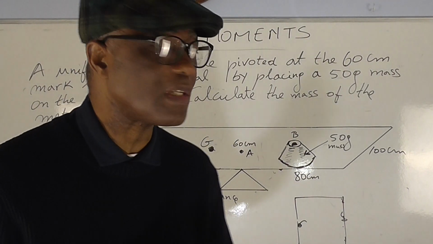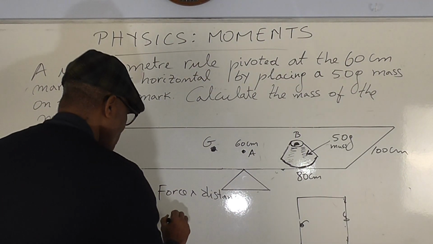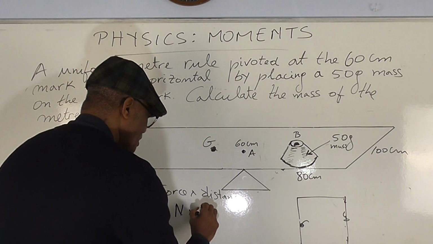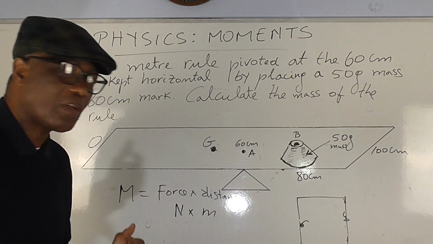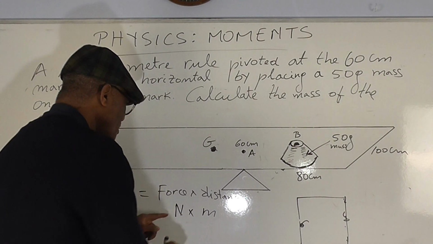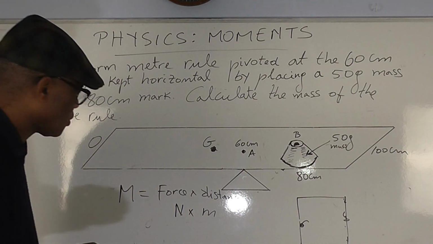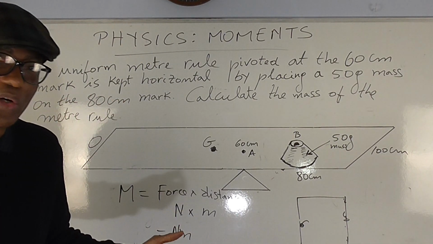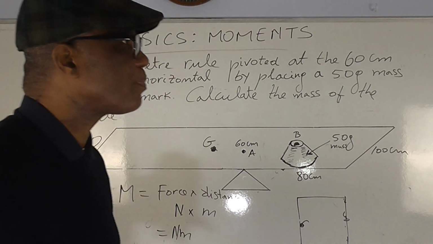The unit of force is the Newton, and the unit of distance is the meter. So the unit of the moment will be Newton meter. Newton meter or meter Newton is exactly the same thing.